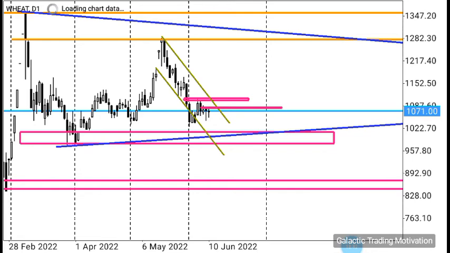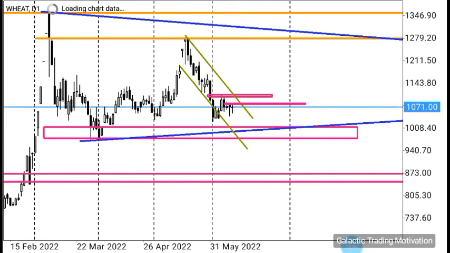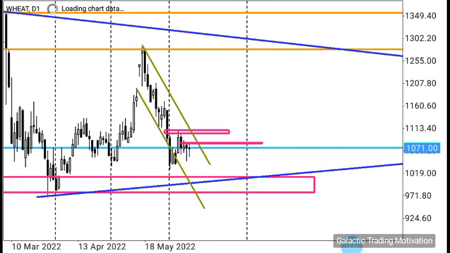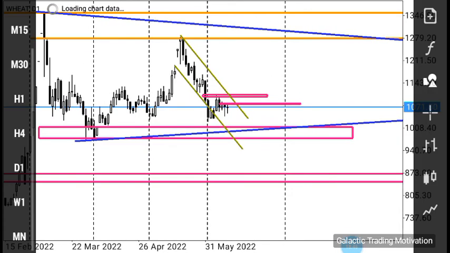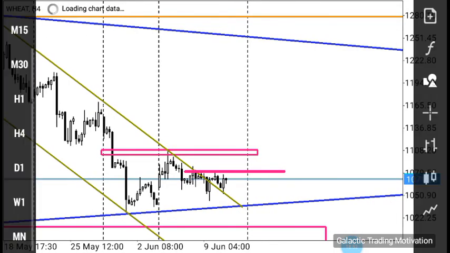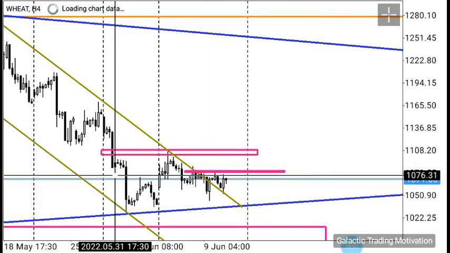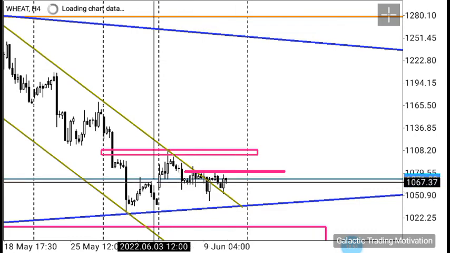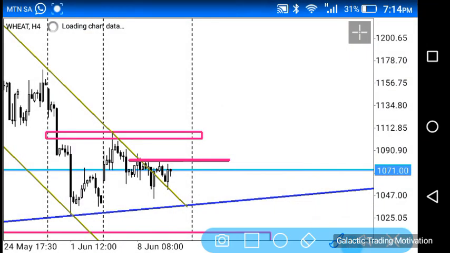Anyway, let me go back to the H4 chart. On the H4 chart we spoke about the two structures over here, which are the W formation here, as well as that inverted head and shoulders pattern, right?